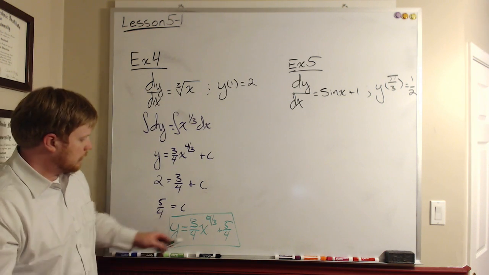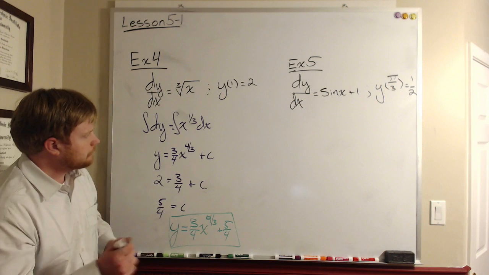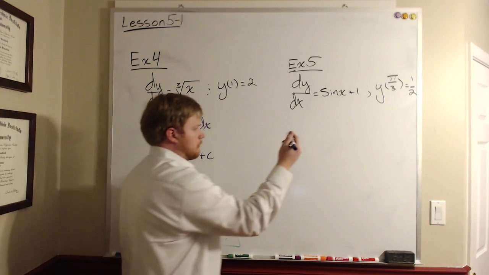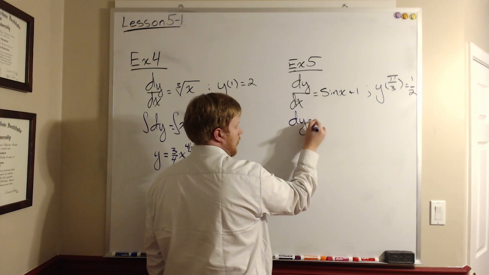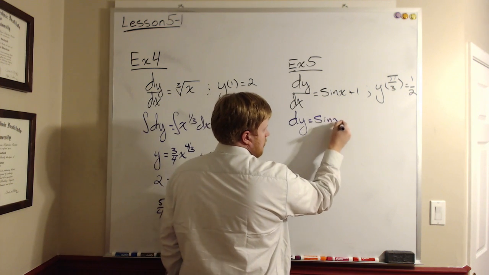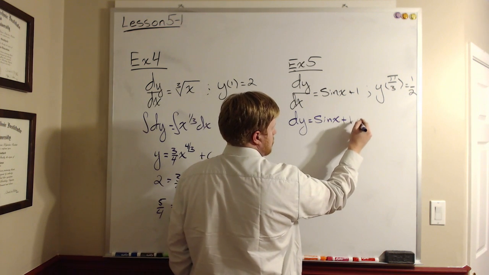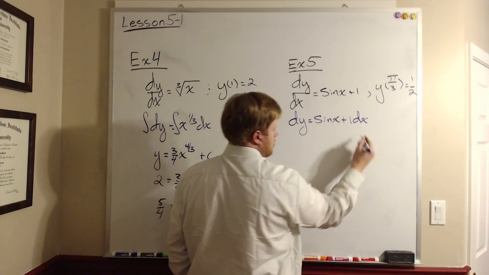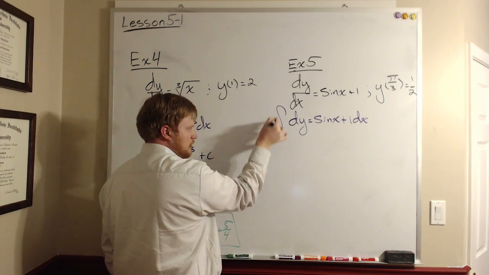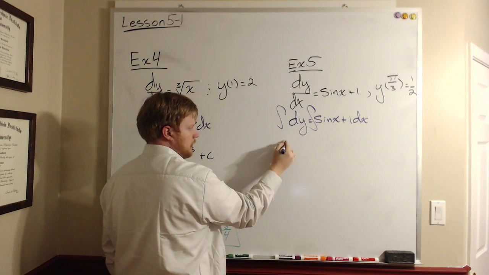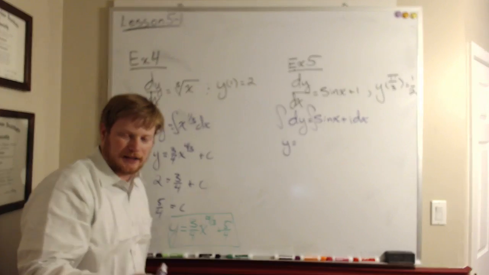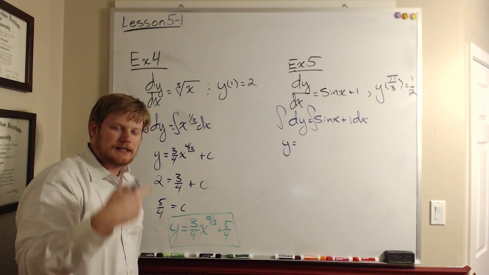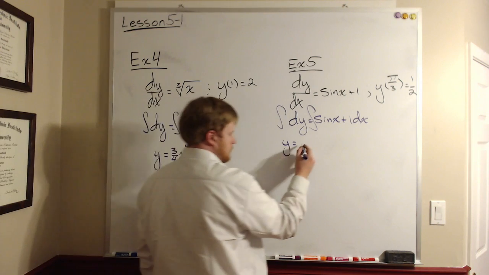Okay. Let's try another one. And we're going to multiply again both sides by dx here. We'll end up with dy equals sine x plus 1 dx. And by integrating both sides, I get y equals the integral of sine is negative cosine.